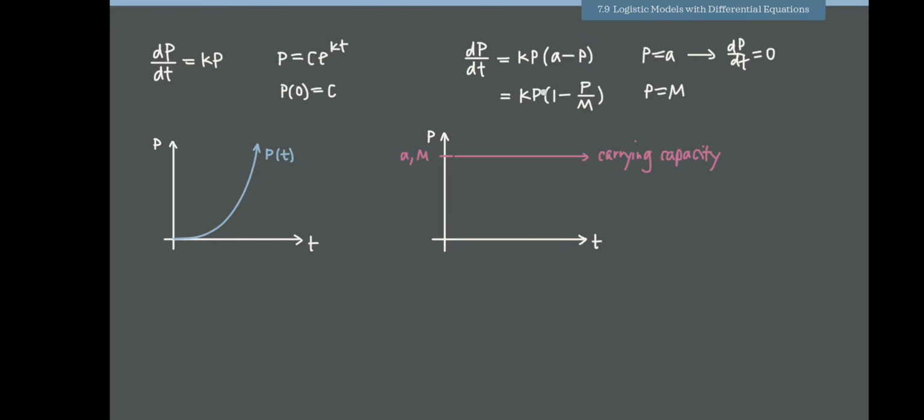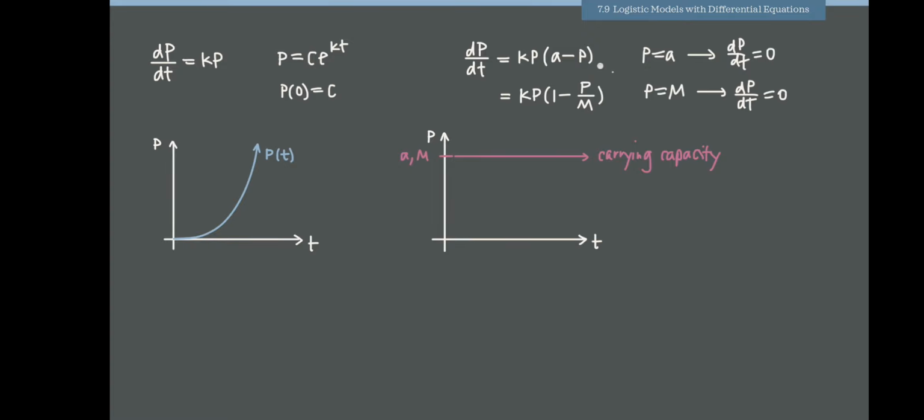And so this whole term becomes 0. And the result then is the same thing. We get dP over dt is equal to 0. The rate of growth or the rate of decline of the population is 0. The population is not growing, it's not decreasing, it's staying the same.